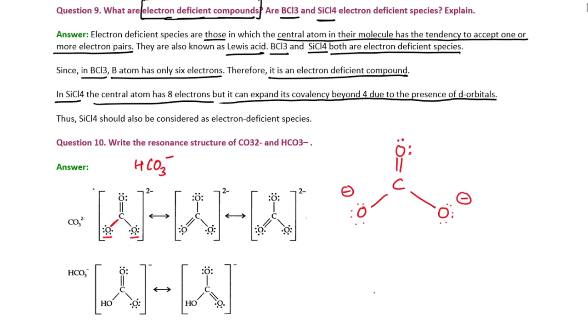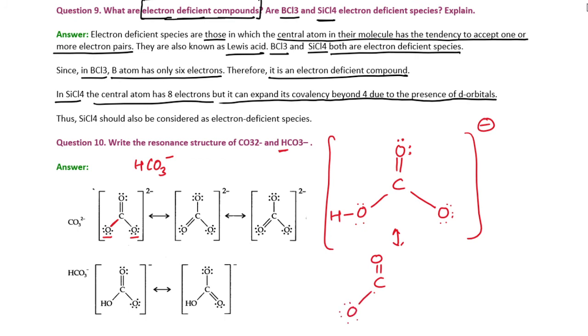Now when H plus is attached, one of the negatives is replaced and there is H. So one negative charge remains, or this may be reversed: C double bond O, O, OH. That's it. So there are two resonating structures for bicarbonate and one resonating structure for carbonate. So these are the 10 questions.